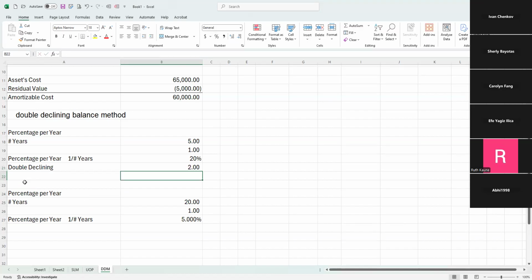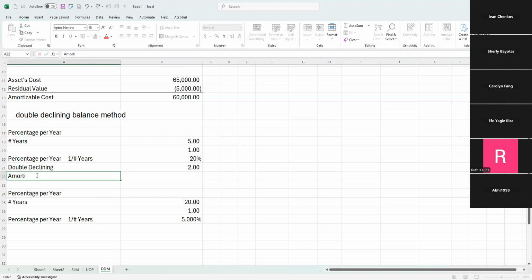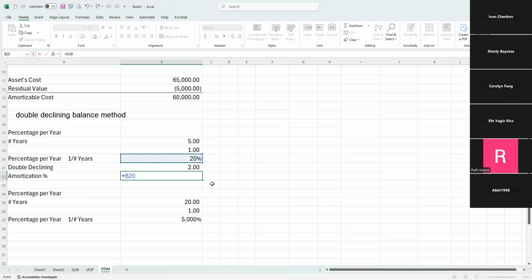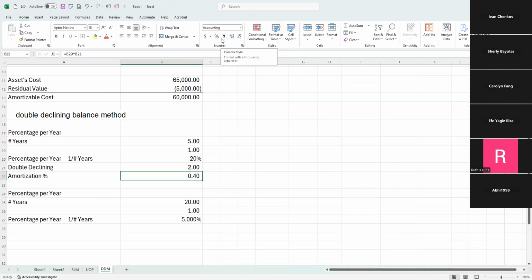So what will be the amortization percentage that we're going to use? 20% times double, 40%. Make sense? That's how you're getting the double declining percentage per year. If it's double declining, double it, and there you go.